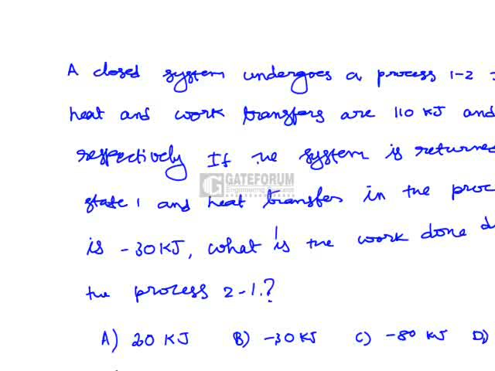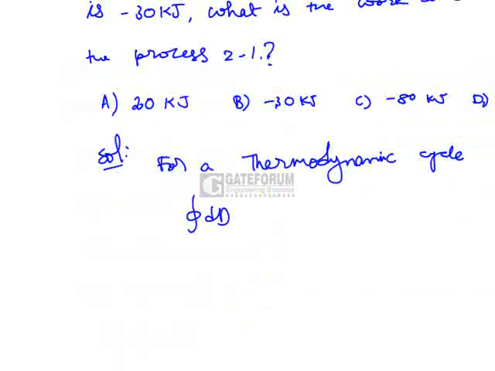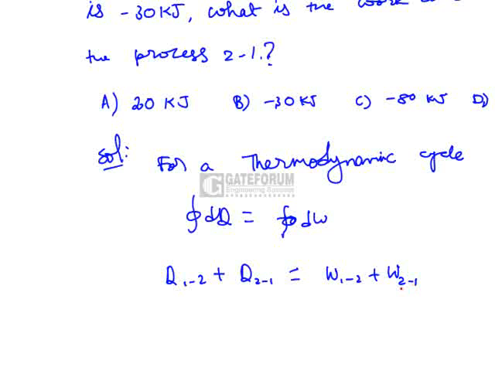For a given thermodynamic cycle, the cyclic integral of heat transfer is equal to the cyclic integral of work done. That is, the heat transfer in the process 1 to 2 plus the heat transfer in the process 2 to 1 is equal to the work transfer in the process 1 to 2 plus the work transfer in the process 2 to 1.